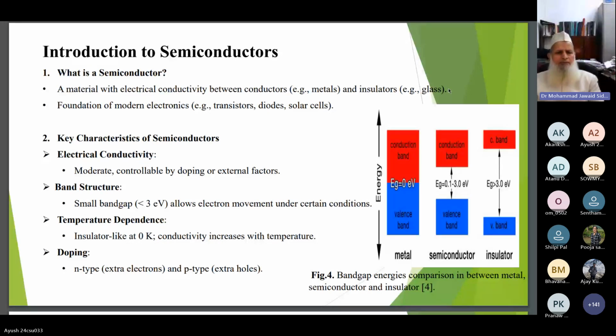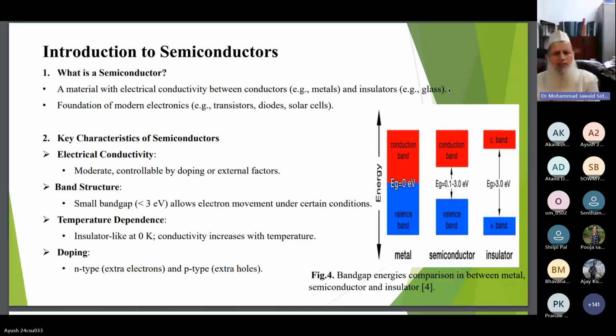So, the key characteristics of semiconductors. In this figure, the energy band diagram for a conductor, for an insulator and for a semiconductor is given. For a conductor the energy gap is zero.